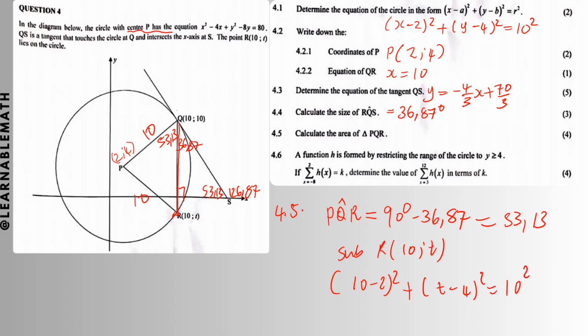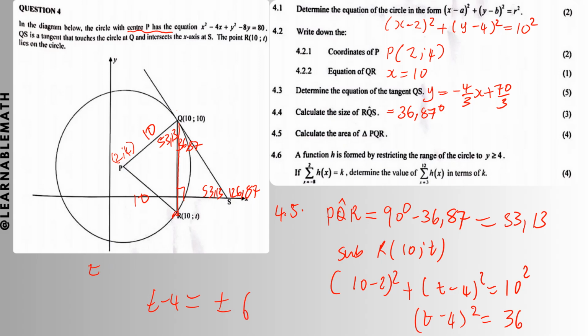Okay, so 10 minus 2 squared, it's 8 squared, which is going to be 64. Then I take it to the other side. 10 squared is 100 minus 64, which will be 36. Then I have t minus 4 squared is equal to 36. Then I root both sides. I have t minus 4 is equal to plus or minus, so root of 36 is 6, plus or minus 6, right?